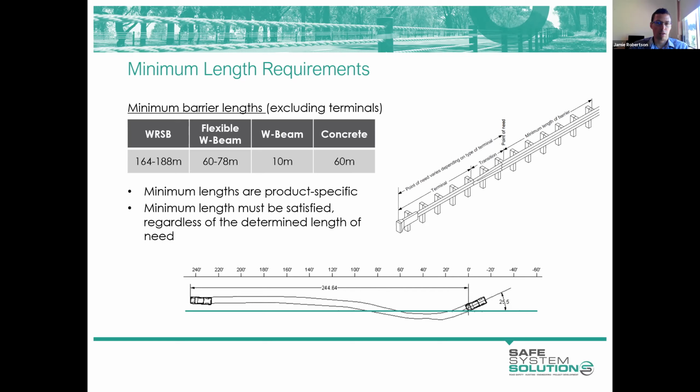If you can demonstrate that your location doesn't see speeds as high as 100 kilometres per hour, or there's not the opportunity for a high impact angle, it would be reasonable to expect that you could get away with a shorter length and still contain that vehicle.